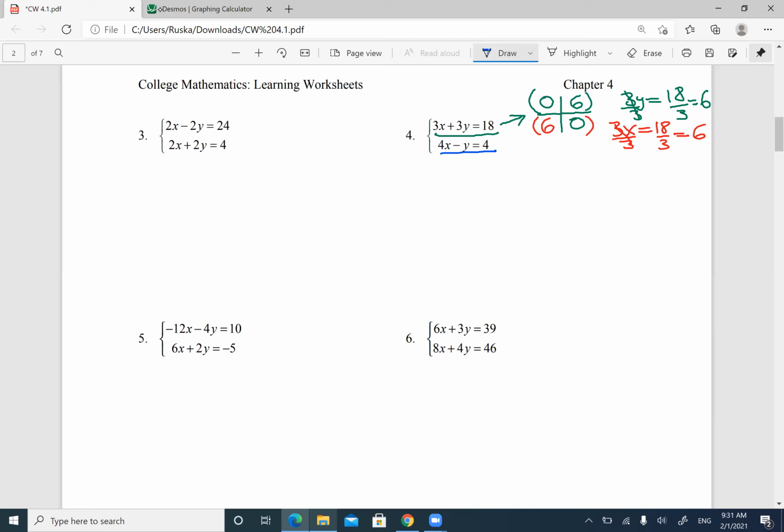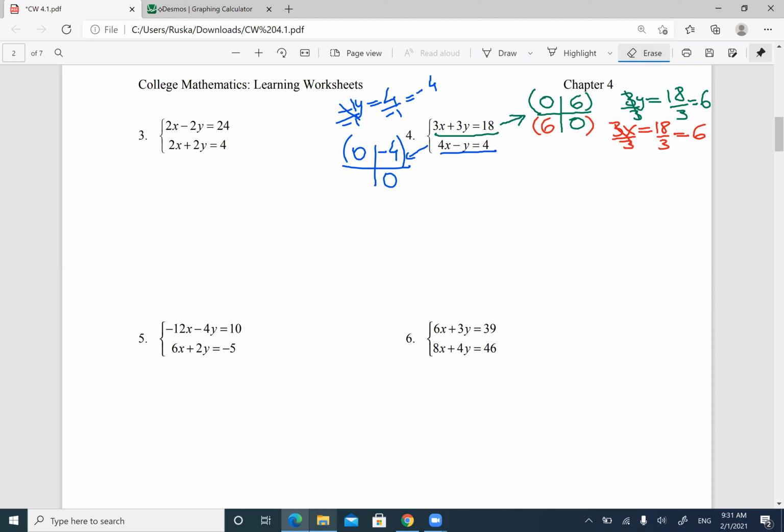For the second equation, I again find the x-intercept and y-intercept: 0 for x, 0 for y. First, I replace x with 0. 4 times 0 is 0, so I get negative y equals 4. This is negative 1 y, so I divide by negative 1, and y is negative 4. So that's my first point, 0, negative 4, okay?